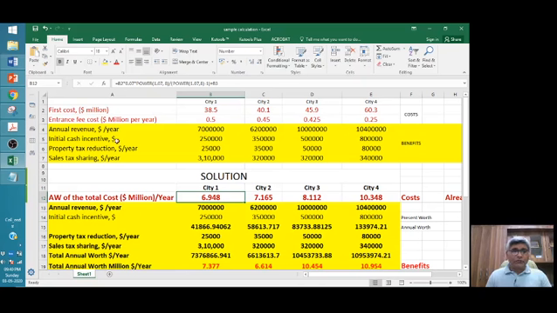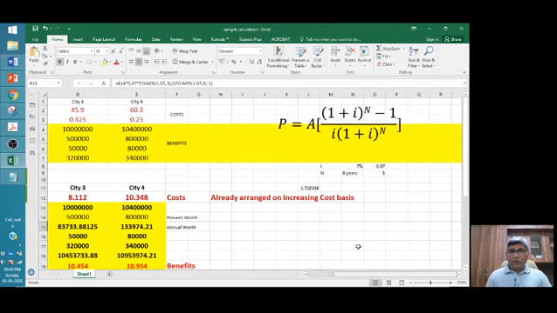Now the initial cash incentive is given as a one-time investment, so we have to convert this one-time investment to a yearly basis. I have used the same formula for converting this present worth into annuities, that is, A equals P times i(1+i)^n over (1+i)^n minus 1. Here P is given, so I can easily compute the value of A. i is given as 7%, that is 0.07, and n is given as 8 years.